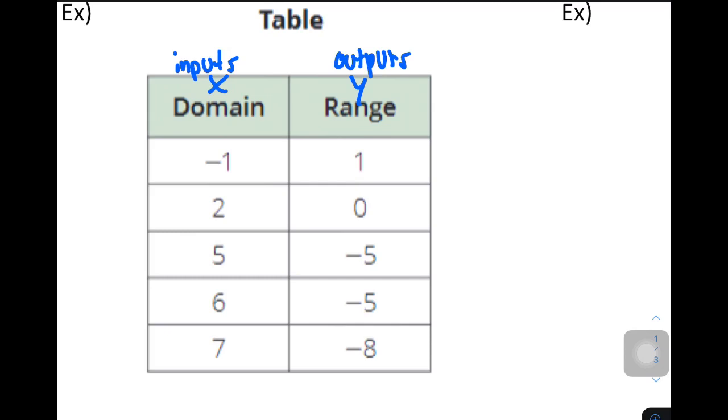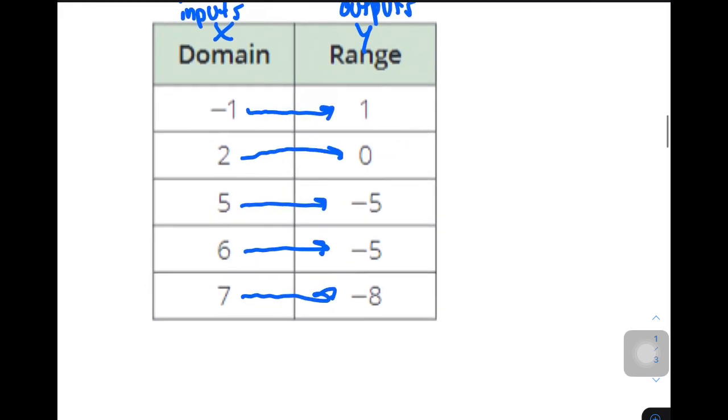So we have to figure out, does every one input go to exactly one output? Well, -1 goes to 1, 2 goes to 0, 5 goes to -5, 6 goes to -5, 7 goes to -8.